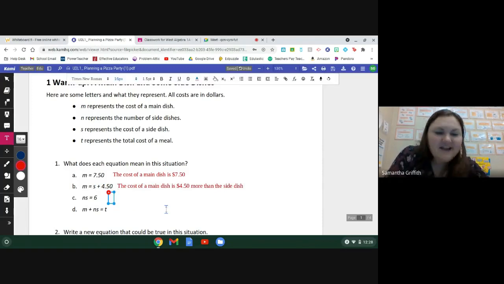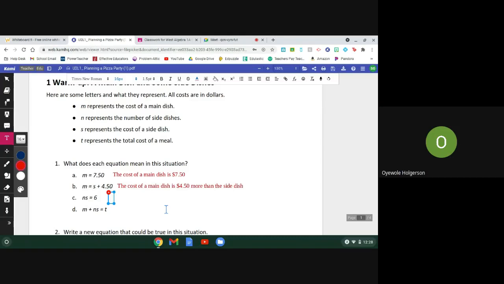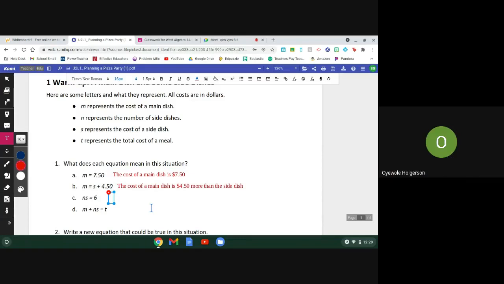For C, Io, we haven't heard you yet. What is NS equals 6? What is that telling us? N represents the number of side dishes, and S represents the cost of the side dishes. So it depends on how many side dishes she had, or he. I'm sorry, I cut you off. Keep going. So that should probably be multiplication.